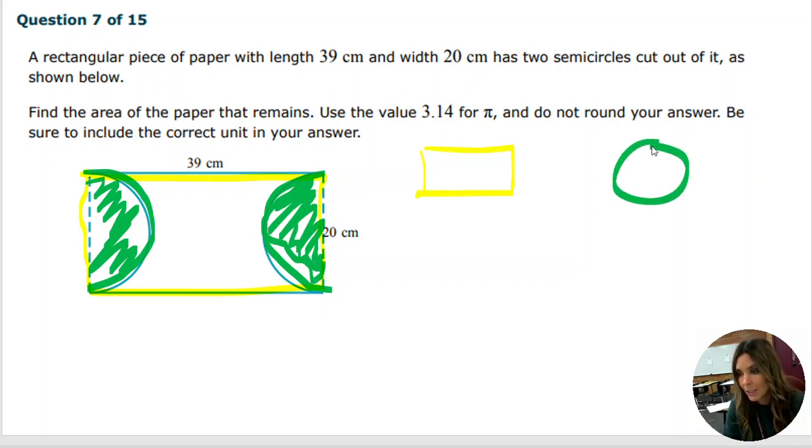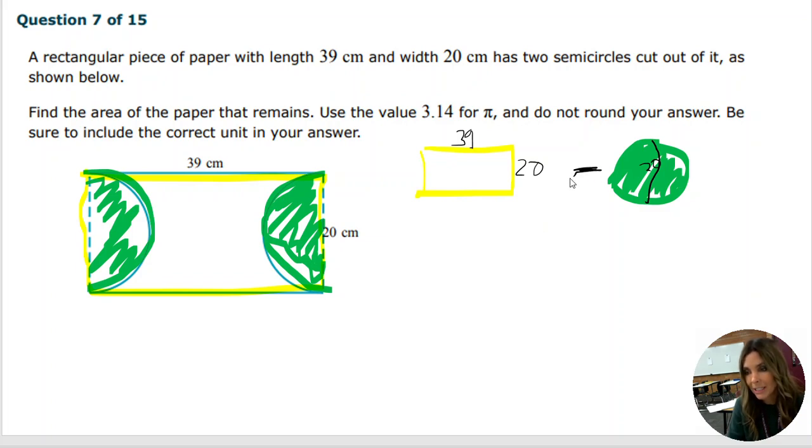So those two semicircles join to make one circle. We know that from one side of the circle to the other, it's going to be 20. We know that the base of the rectangle is 39, and we know the height is 20.